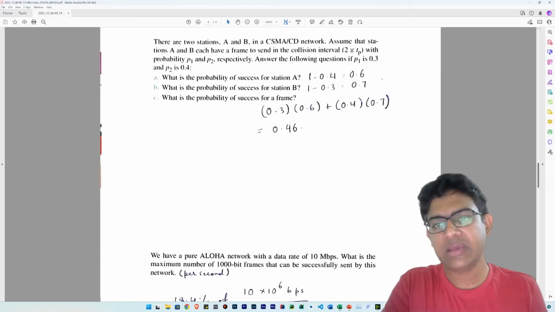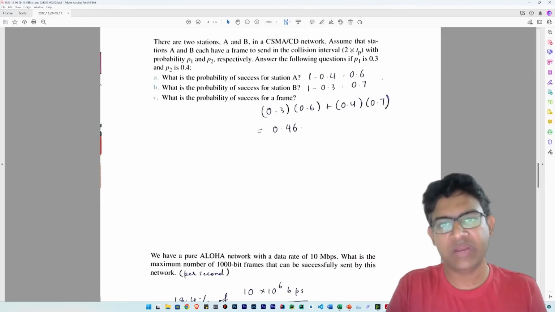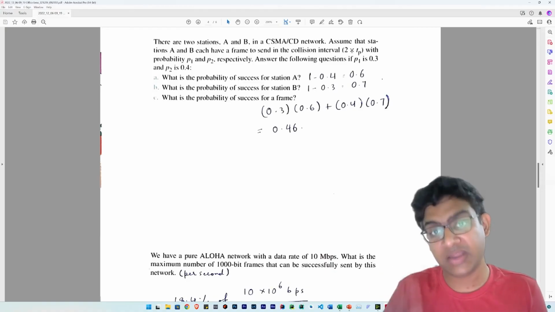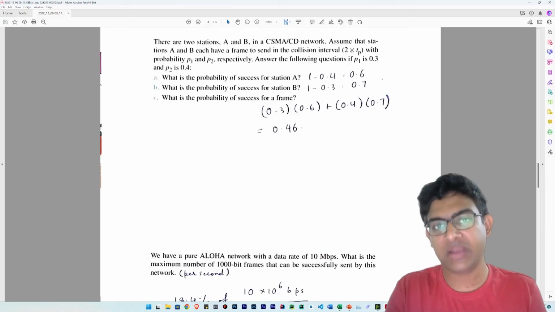That is why I've just taken the probability of B not transmitting, which is 1 minus its probability of transmitting, which is 1 minus 0.4, 0.6. Similarly, what is the probability of success for station B? We're assuming B has already transmitted and A should not transmit. So we have 1 minus the probability of A transmitting, which is 1 minus 0.3, which is 70%. Now, what is the probability of success for a frame?